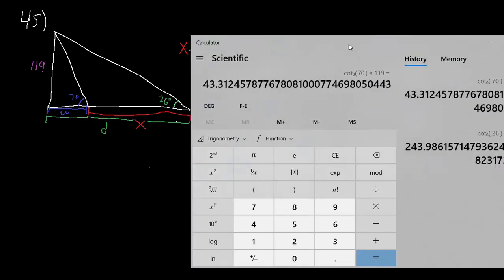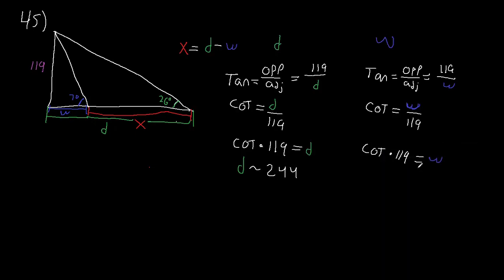We get 43.3. So our W is approximately equal to 43.3.